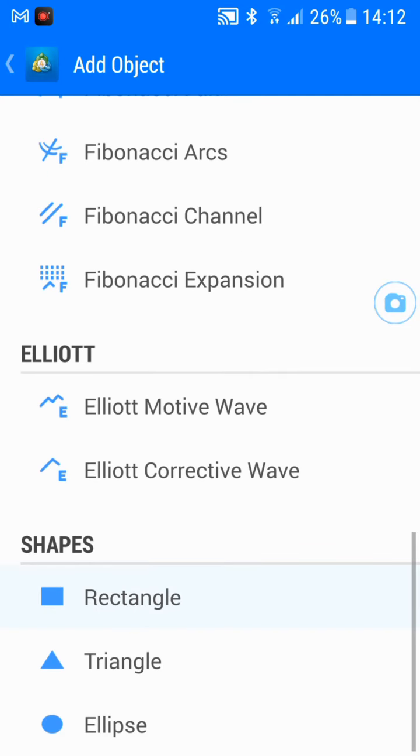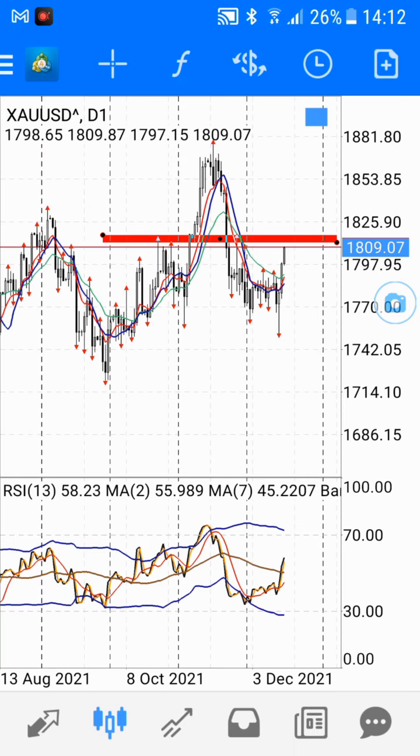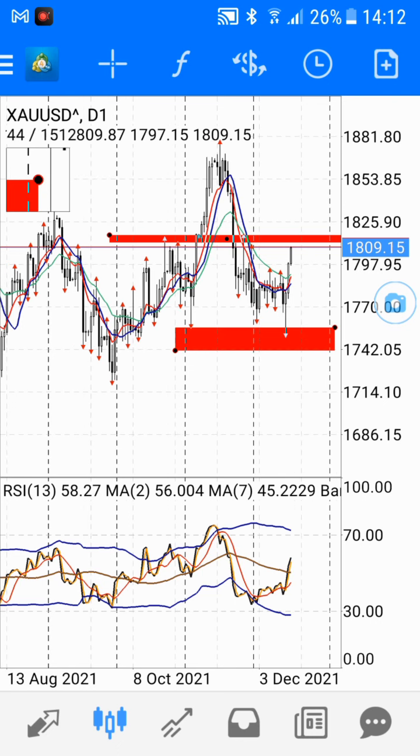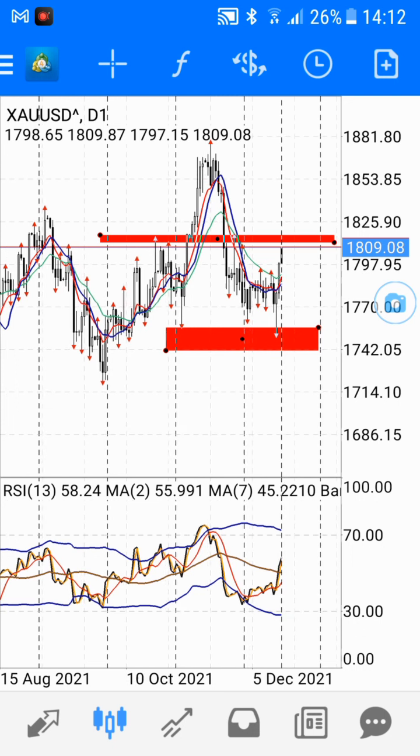So I go all the way down to the bottom, and I can add another rectangle, because now I've got a main resistance and I want to draw another support at the bottom. So I'm drawing a support line over there. These big fingers. It's difficult without the mouse.